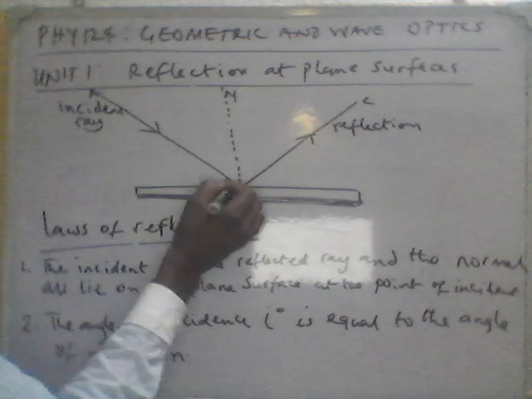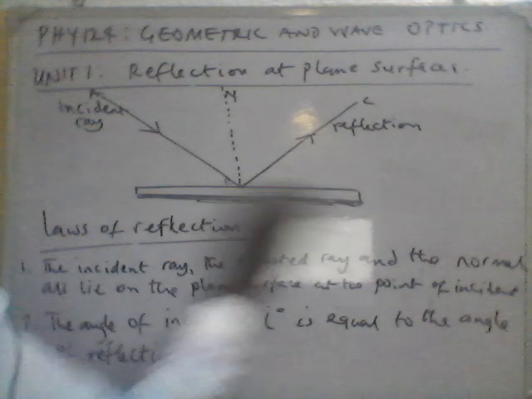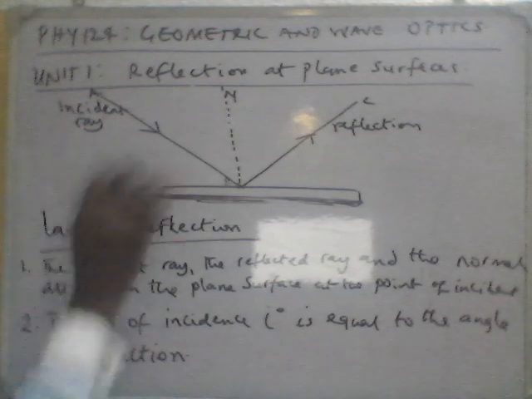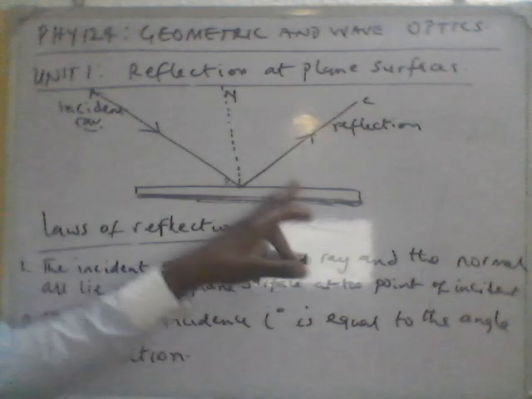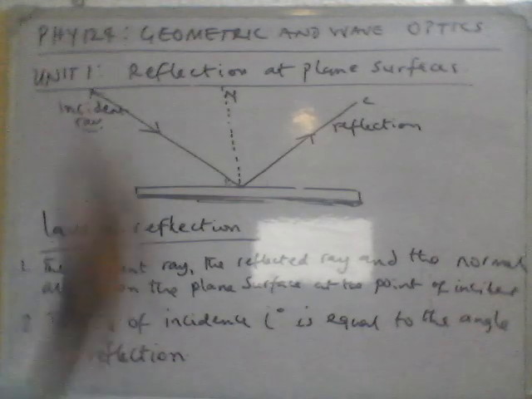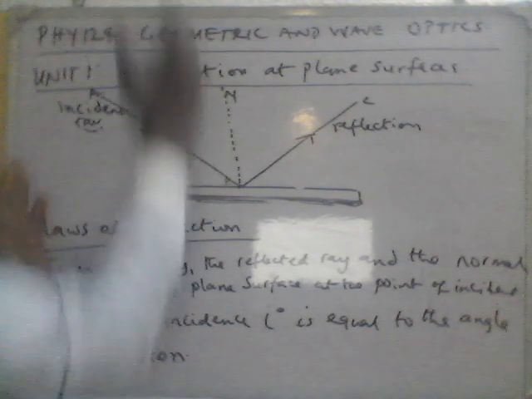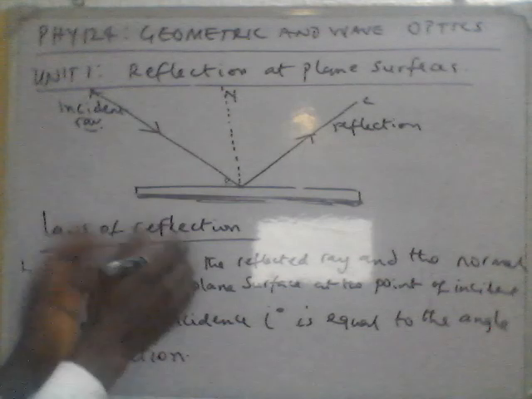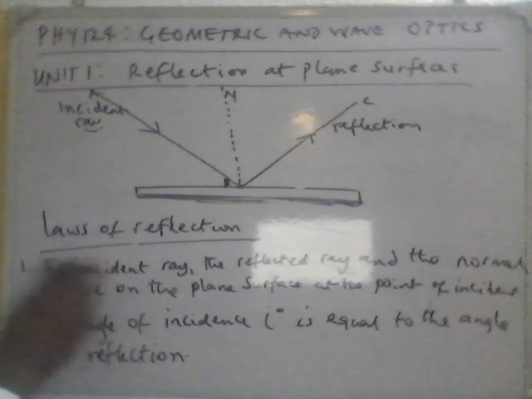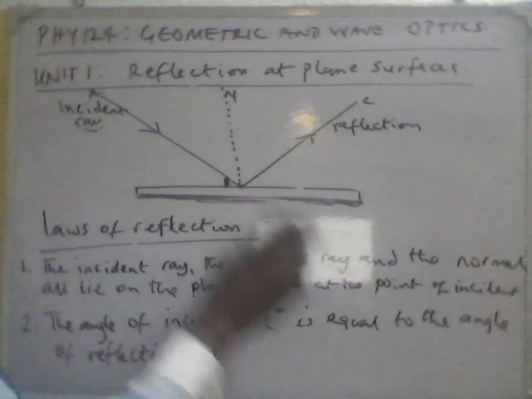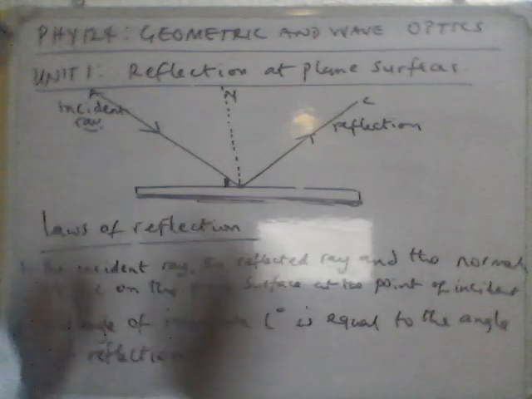I cannot have the incident ray here and the reflected ray there and the normal somewhere else. No, they must be together. They must form a V shape and a perpendicular. There must be a point where all of them meet. That's why the incident ray, the reflected ray, and the normal all lie on the plane surface at the point of incidence.